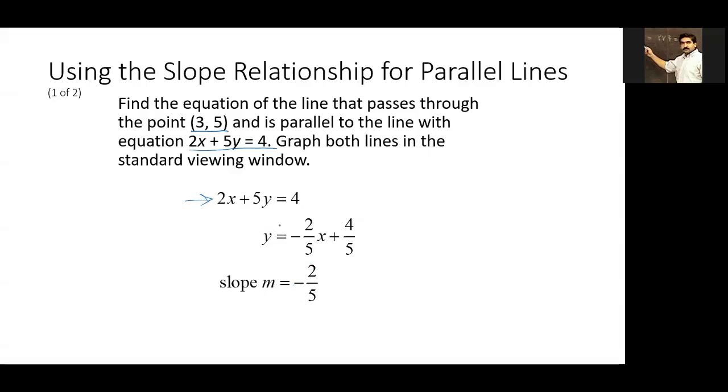As you can see, once we write the equation in slope-intercept form, just by looking at the equation, we can see the slope is the coefficient of x and the y-intercept is the constant, which is 4 over 5.